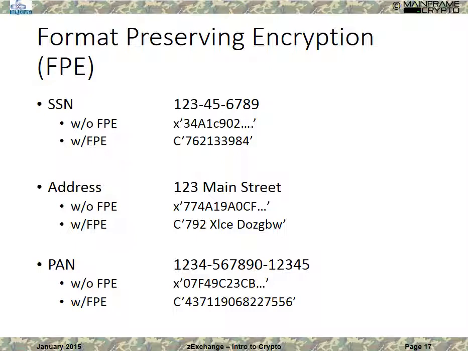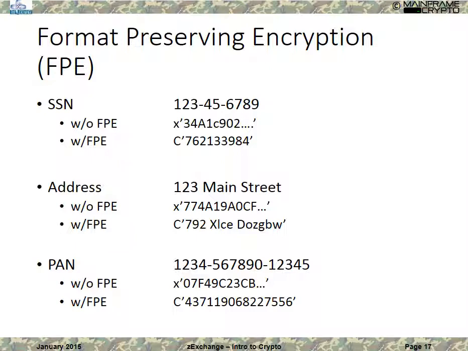It's a 9-digit numeric, and if you just encrypt that, you're going to get binary data. The example here is hex 34 AB 1C 902. So just encrypting the data creates binary data. Each byte could be any one of 256 possible values. With FPE, the characteristics of your data will be preserved.